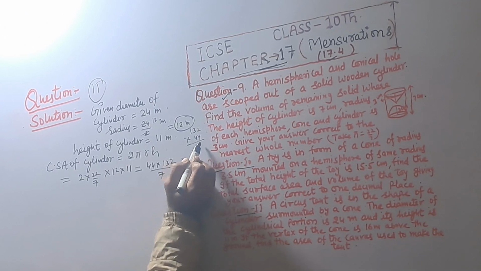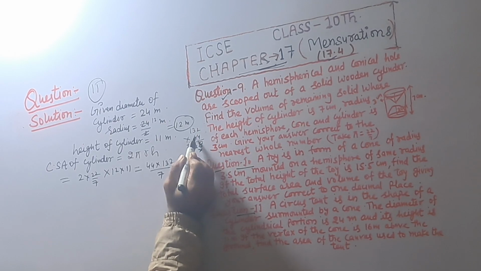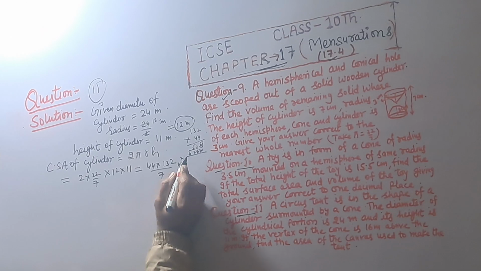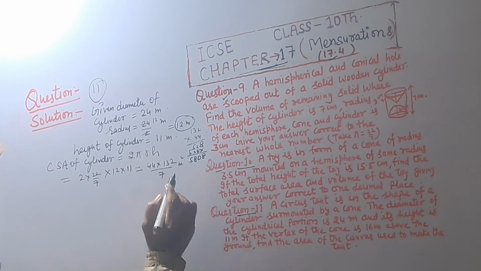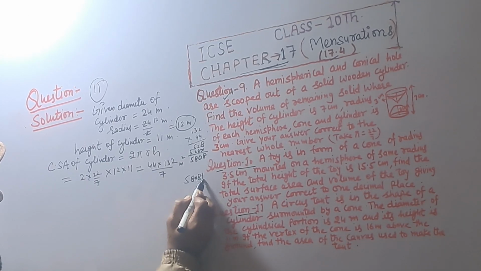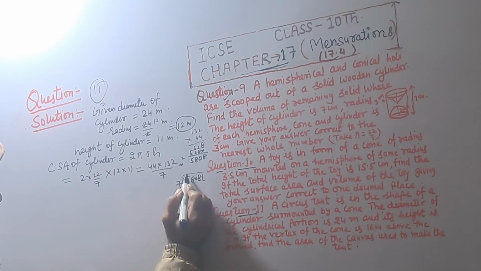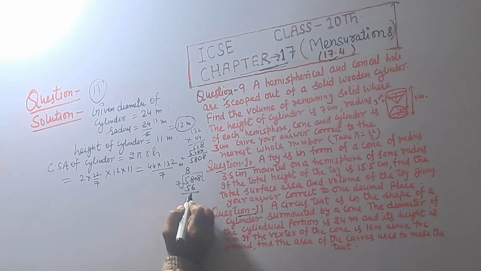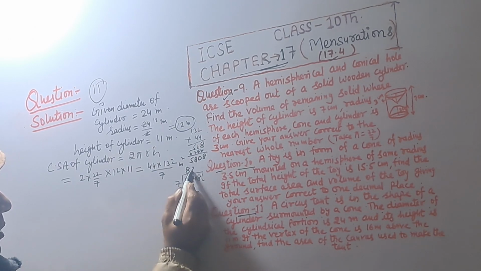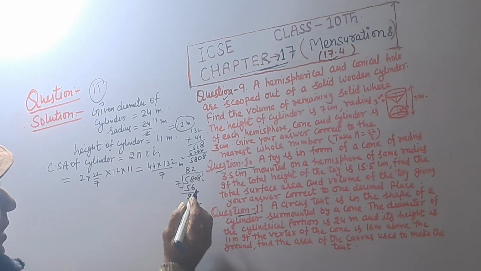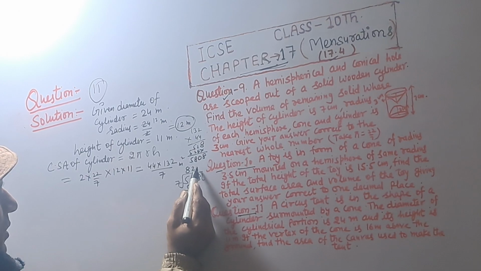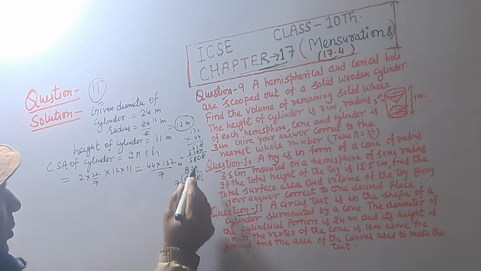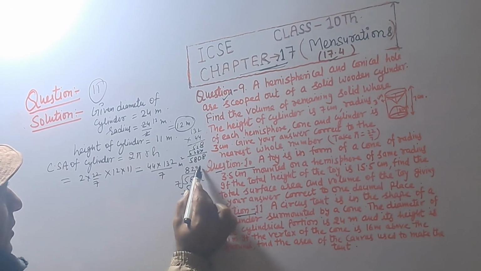132 into 44, 4 2s are 8, that is 5808. 5808 divided by 7. 8 7s are 56, 7 9s are 63, 7 7s are 49.